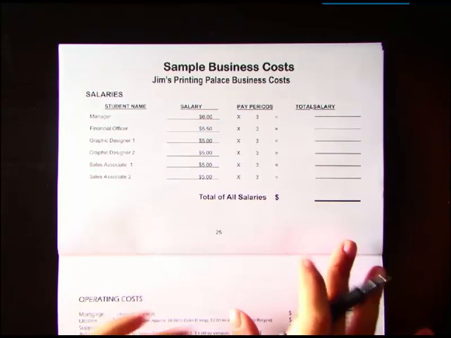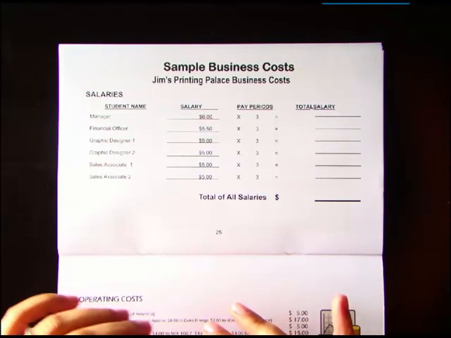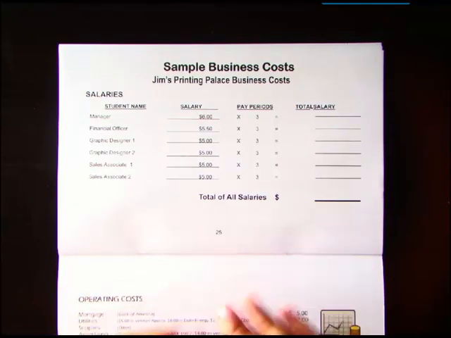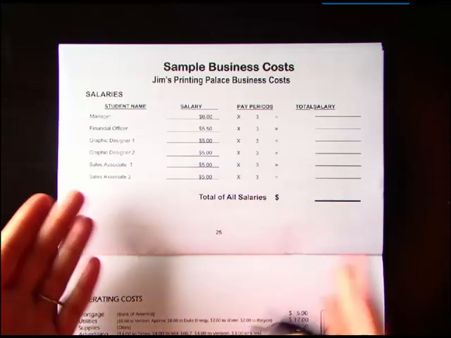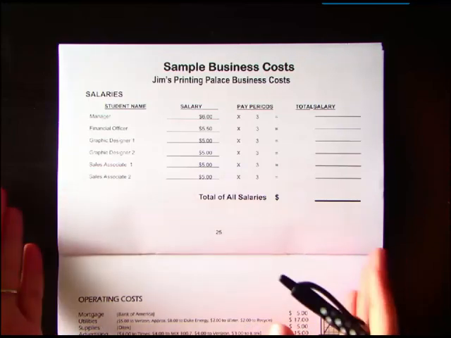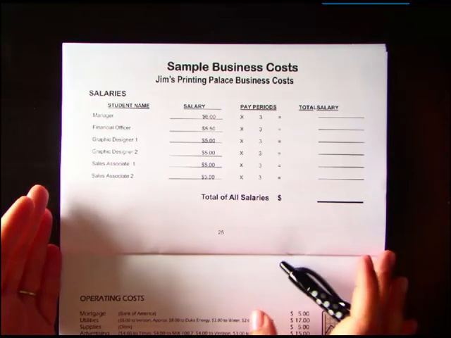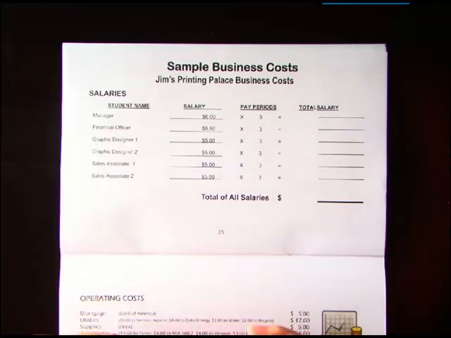Okay, so in order for your business to make a profit, right, we know that's why businesses are around. They need to make money. The money that they make is called their profit. You have to make more money than what you owe.